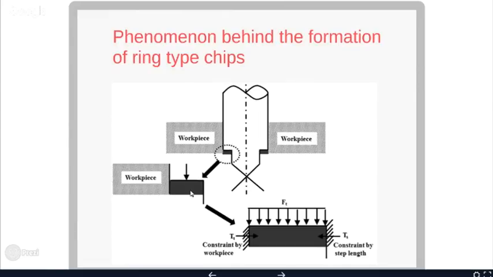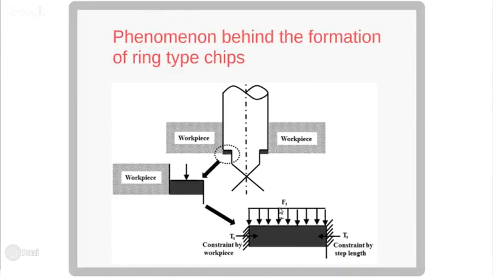This is the workpiece. This is constrained from this side, and vertical forces are acting on the surface. Now, if you analyze this last flake of the material, it looks like a constraint ring. Constraint means it is constrained from these two sides, and load is uniformly distributed. Load is acting on the upper side.